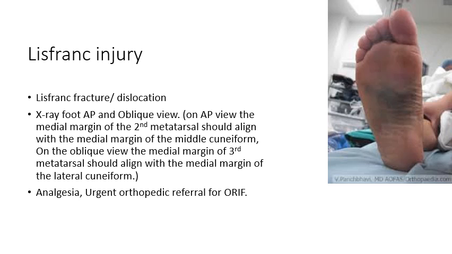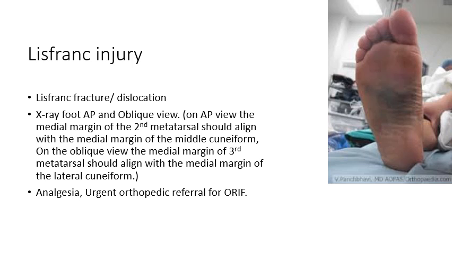To confirm, you do an X-ray of the affected foot. In this case, it is the right foot, AP and oblique view. In your AP view, you see whether the medial margin of your second metatarsal is aligning with the medial margin of your middle cuneiform. On the oblique view, it is whether the medial margin of your third metatarsal aligns with the medial margin of your lateral cuneiform bone.